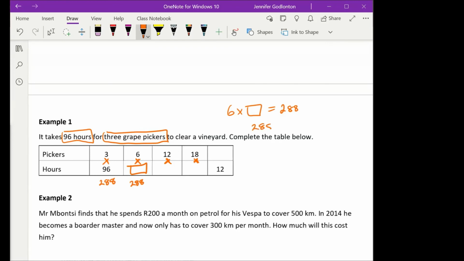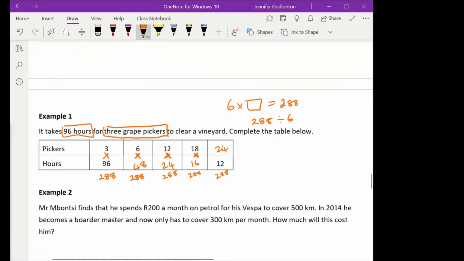Well done. 288 divided by 6 would give me 48. And I could do the same for all of these. 288 divided by 12 would give me 24, and 288 divided by 18 would give me 16. So we work with something called a constant product.